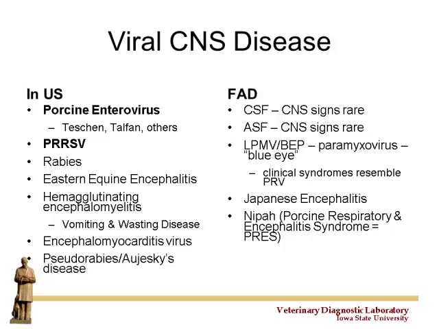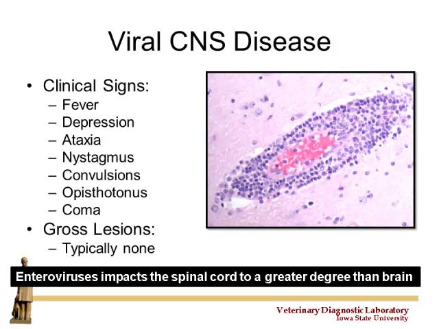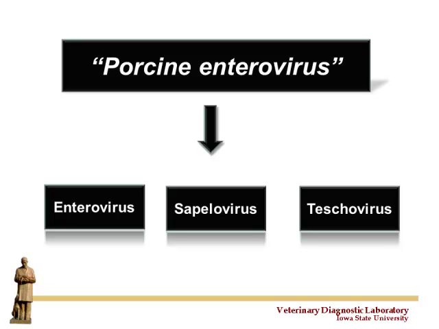Gross lesions, what are you going to see if you open them up? Probably nothing. Very difficult to see any lesions. One important note, we do see enteroviruses, and enteroviruses impact the spinal cord to a greater degree than the brainstem or the cerebellum. So if you don't take spinal cord, you may not know that you're actually dealing with enterovirus infection.